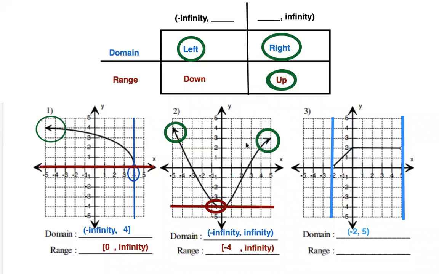Now for my range. The bottom of my graph is down here at 0, and that passes through an open circle. The top of my graph is at 2. So this line, it does touch an open circle here.